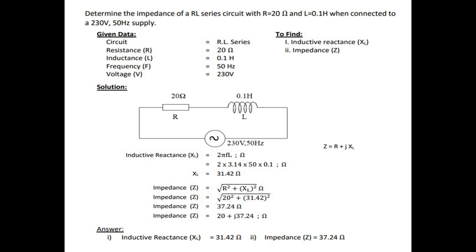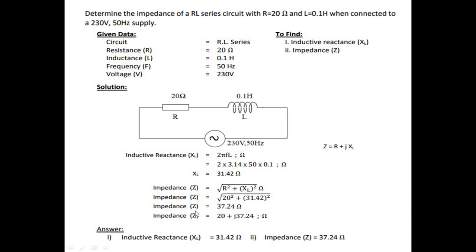Given data: resistance R is equal to 20 ohm, RL series circuit, inductance L is equal to 0.1 Henry, frequency 50 Hz, voltage is equal to 230 volt, and we need inductive reactance XL and impedance Z. Here is the circuit diagram: supply voltage 230 volt, 50 Hz AC supply, resistance 20 ohm and inductance 0.1 Henry.